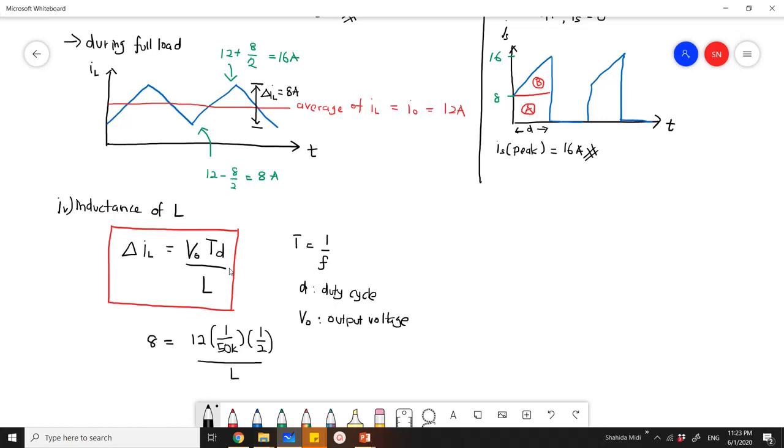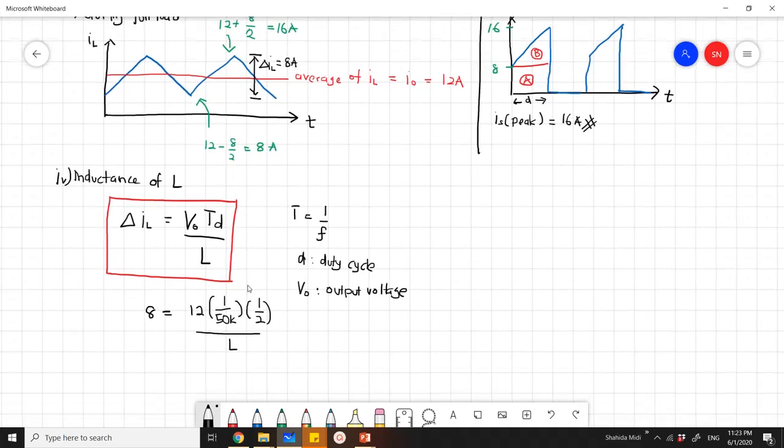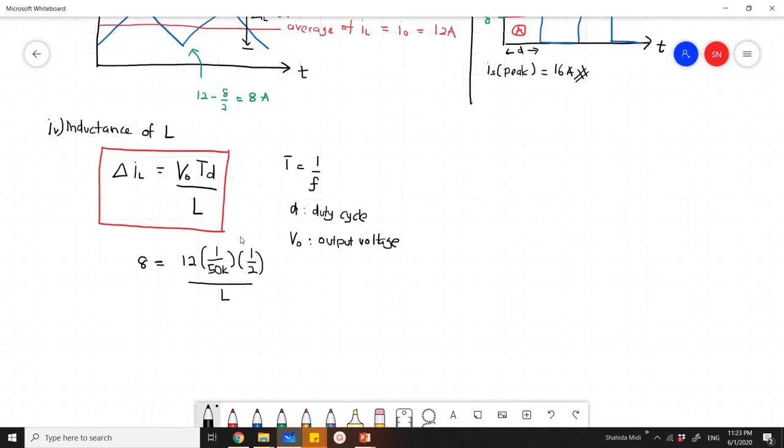And then from there, L is equivalent to microhenry. Okay, so for a buck converter with VS 24 volt and V naught output voltage as 12 volt with output current as 12 ampere, and given that the frequency of the switch is 50 kilohertz, we need to put the inductor as 15 millihenry.